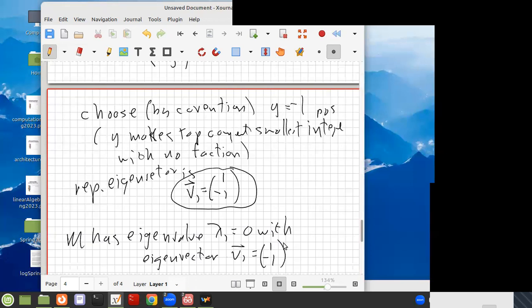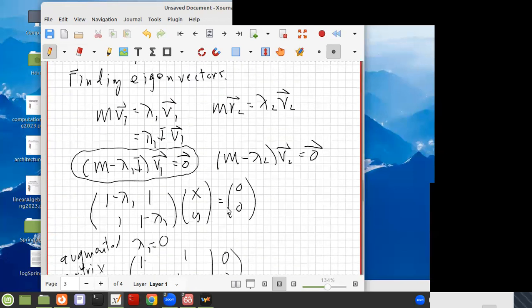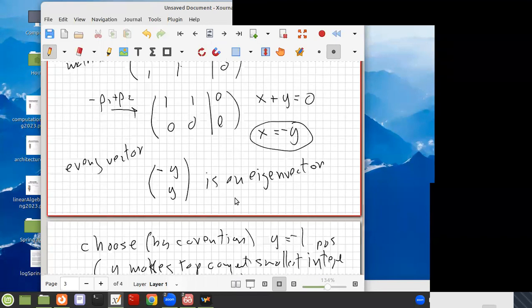And of course, any multiple of this is also an eigenvector. Because this is homogeneous, I could multiply this whole equation by a number and nothing changes. There's no significance to the absolute value here.